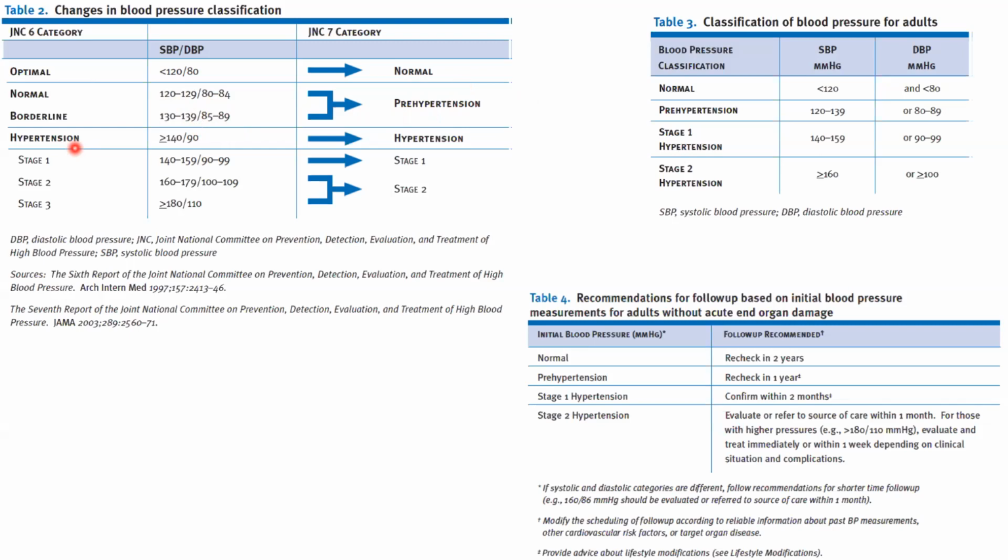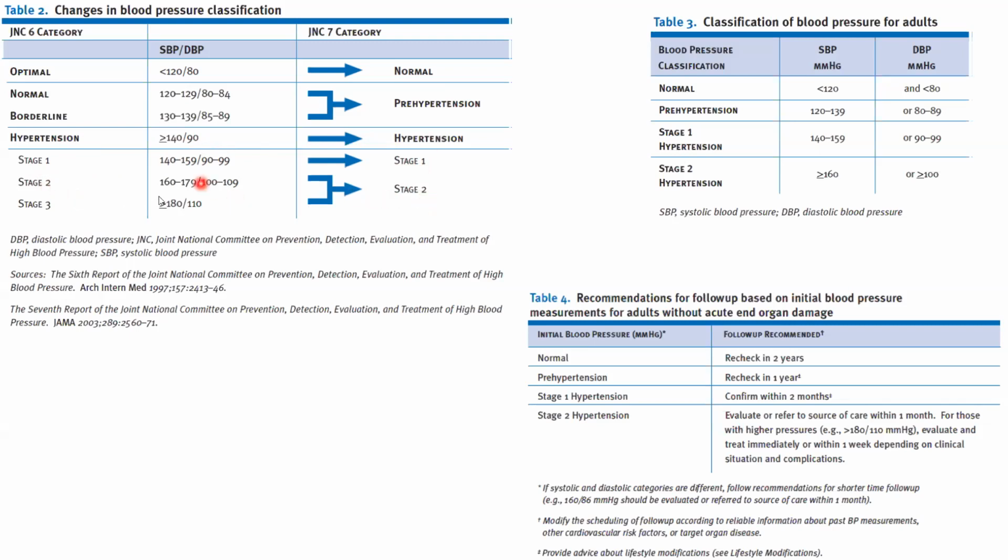Then you have hypertension. There's consensus on this. Anything 140 or above, and anything 90 or above, sustained, is hypertension. And then you have the substages of hypertension, stage 1, 2, and 3, which were changed in this classification. Stage 1 remains the same, but stages 2 and 3 were merged into stage 2.